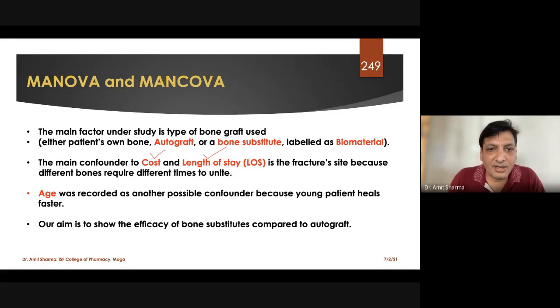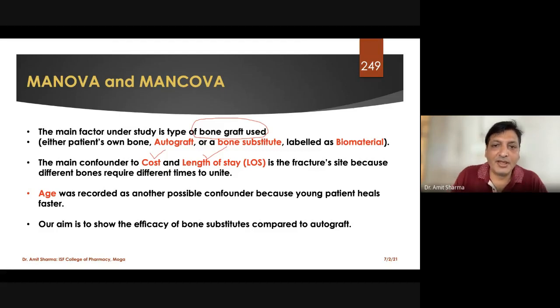The main factor under this study is the type of bone graft used. For example, there is a clinic, and in that clinic, multiple types of treatment are given for the treatment of fractures. For example, doctors do the surgery, and during the surgery they have multiple options.